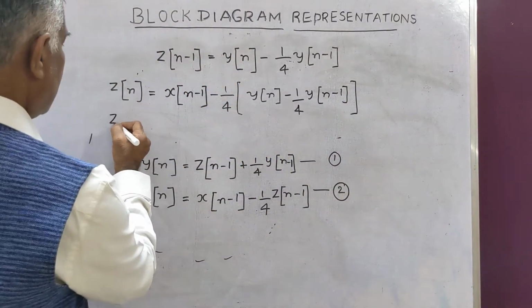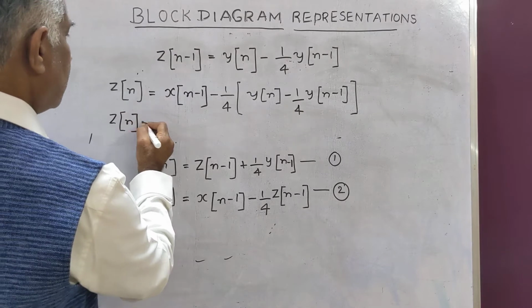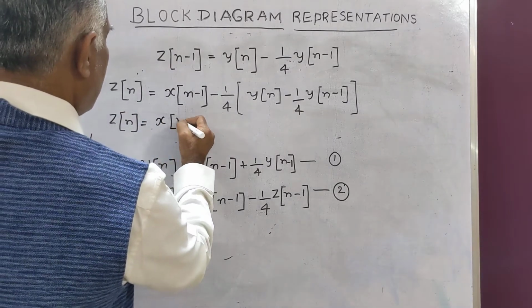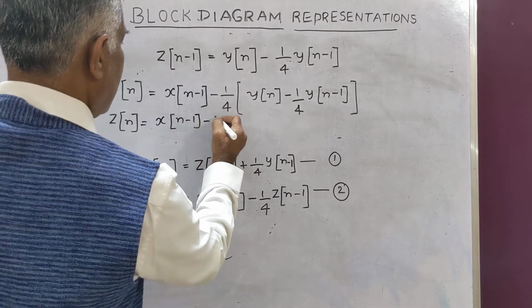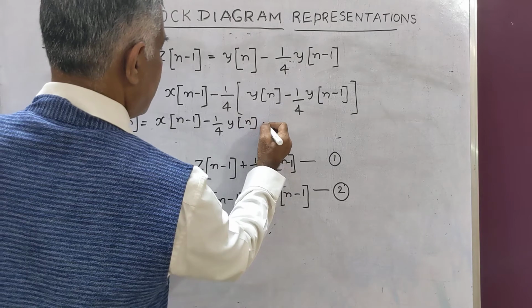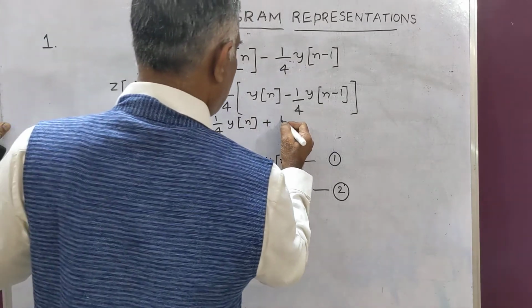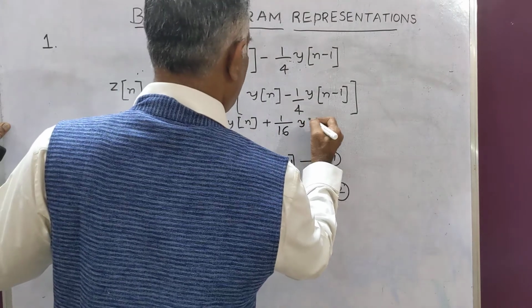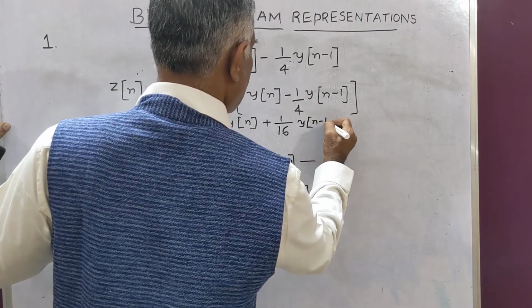Simplifying this, z of n is equal to x of n minus 1 minus 1 by 4 y of n plus 1 by 16 y of n minus 1.